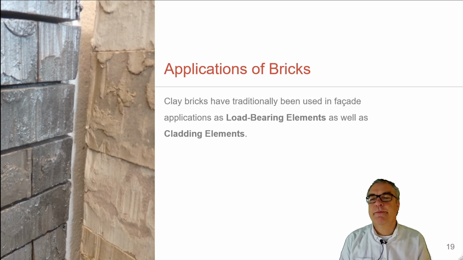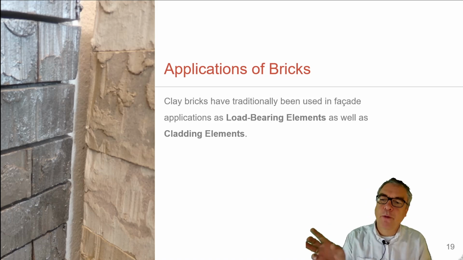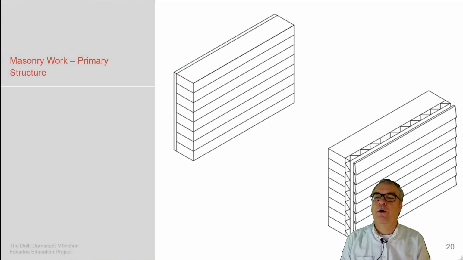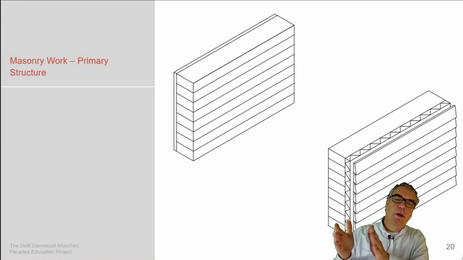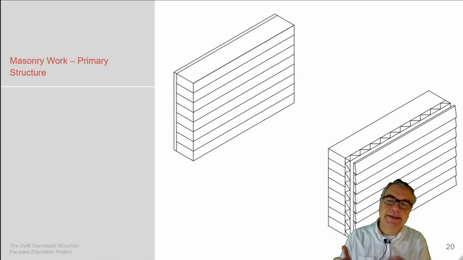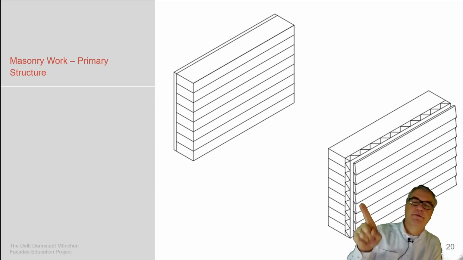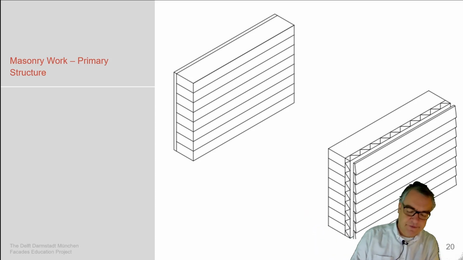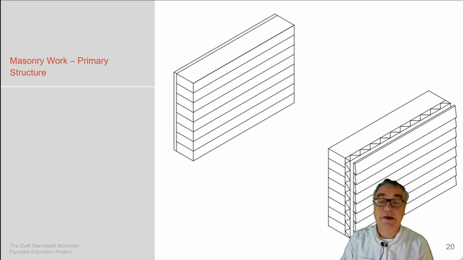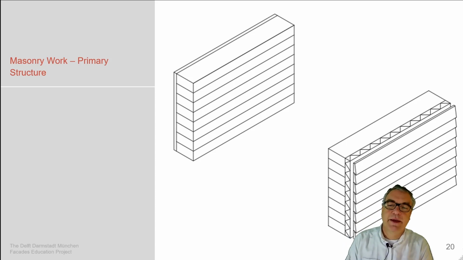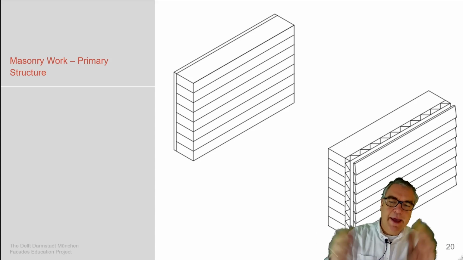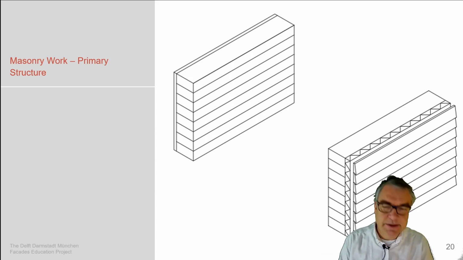Design application: we can have bricks either as a load-bearing or as a cladding element. The load-bearing element means it's a solid brick wall, and then the solid brick wall, if needed, is covered with a plaster, which is the left picture, or it's covered with an additional outer layer of ventilated facade, cold facade, as we named it in our system, which then allows us to maybe add also insulation as it is designed here.